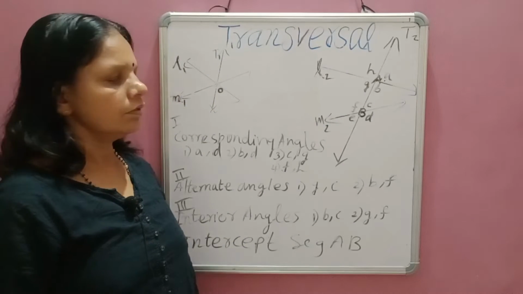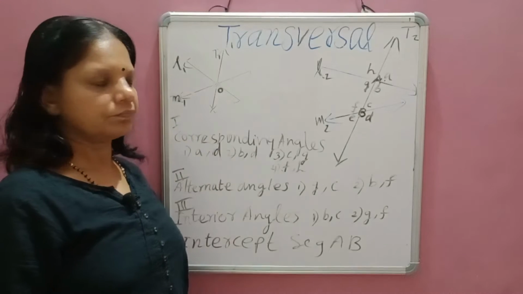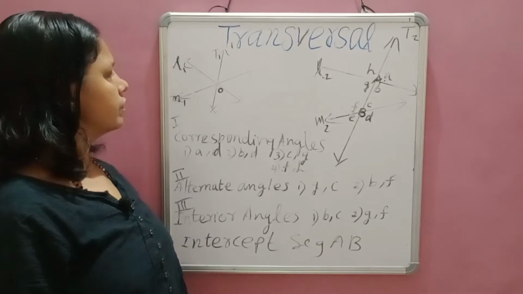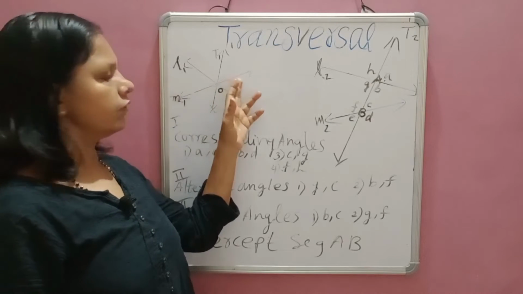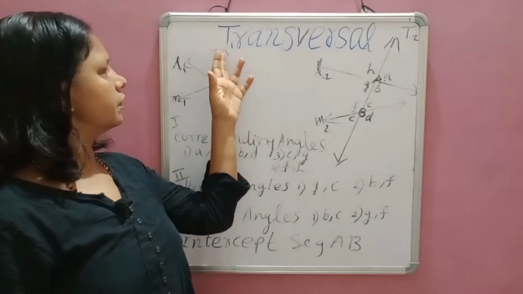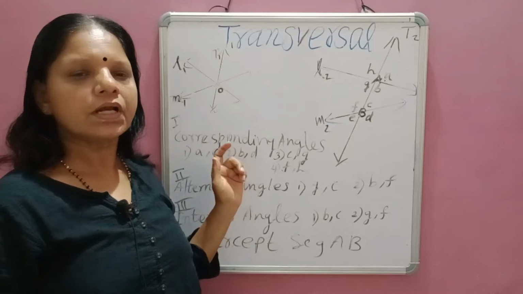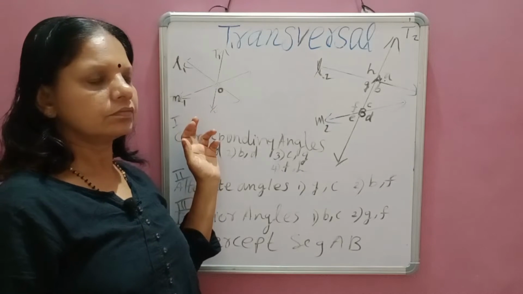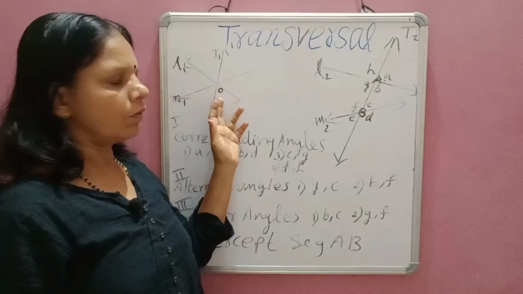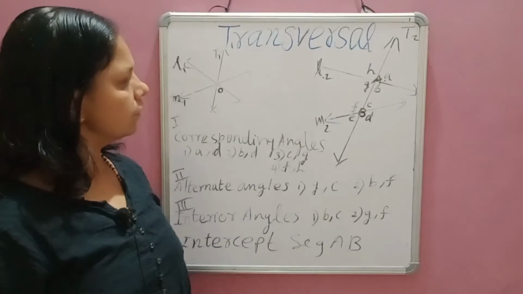Here you can see two figures. In the first figure you can see lines L1, M1. There is a third line T1 passing through both the lines L1 and M1 through the point O. Now see the second figure.